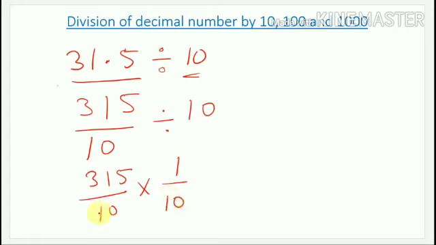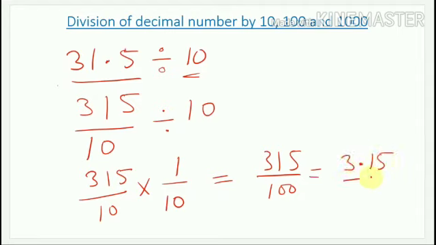So 10 into 10 becomes 100, and 315 into 1 is 315 upon 100, and this converts into decimal, that is 3.15. This is the answer. The same way you can do a decimal number divided by 100 and 1000.